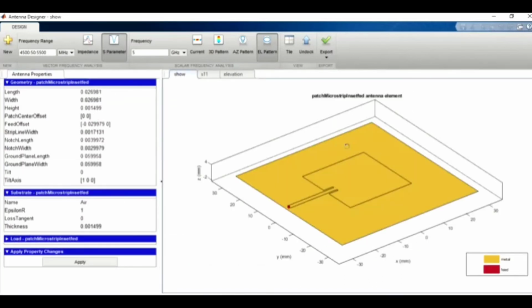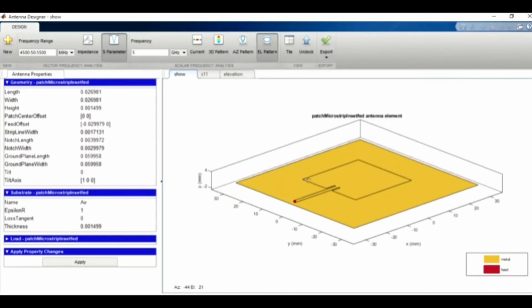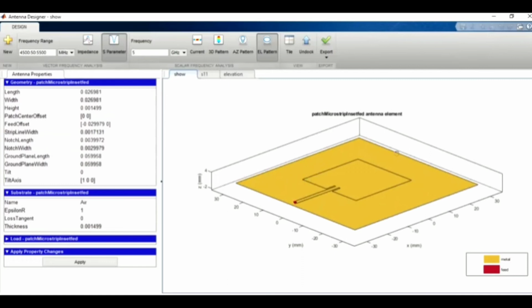Next, for the microstrip inset fed antenna, this is the 3D view of the antenna design. It is the same as the microstrip patch antenna, which has two metals, the ground plane and the patch plane. The difference between both antennas is the location of the slot. For the microstrip inset fed antenna, the varactor diode can be placed at the slot which is located at the edge of the inset feed.